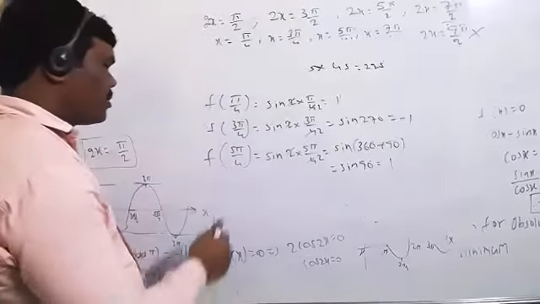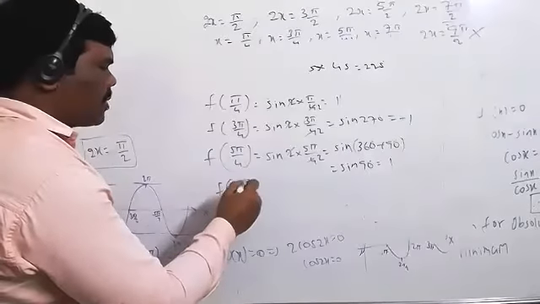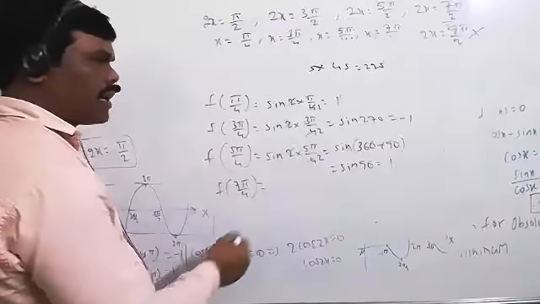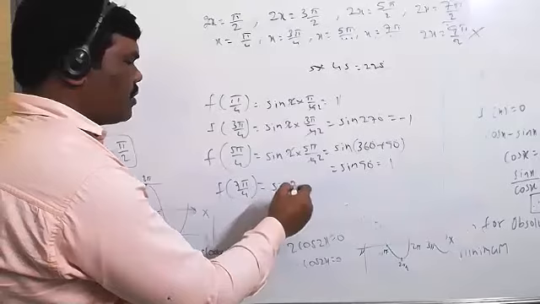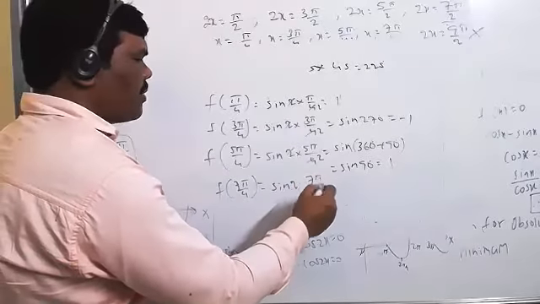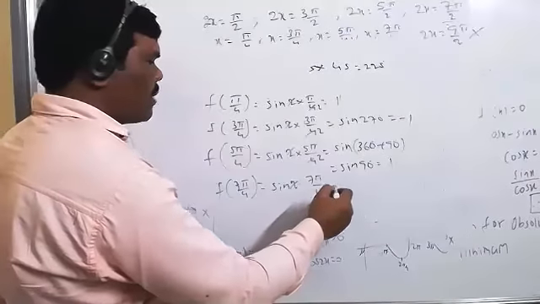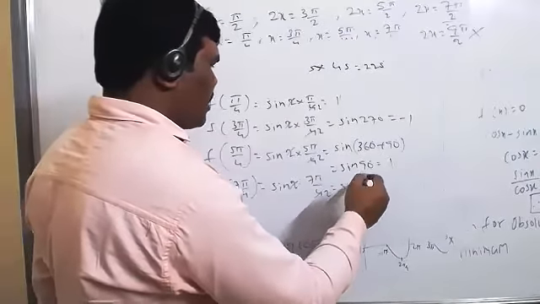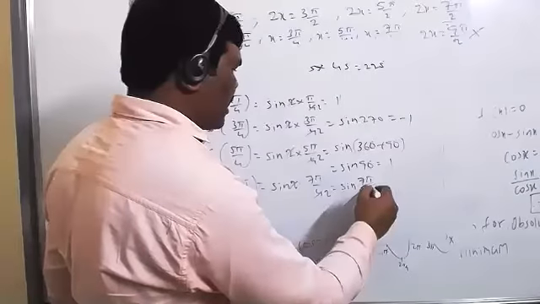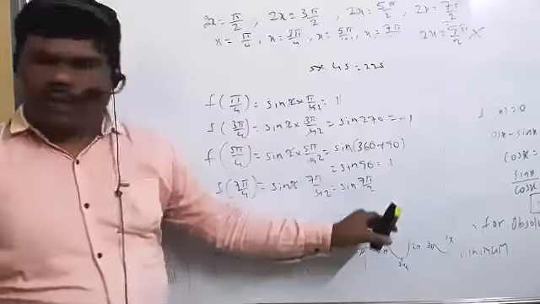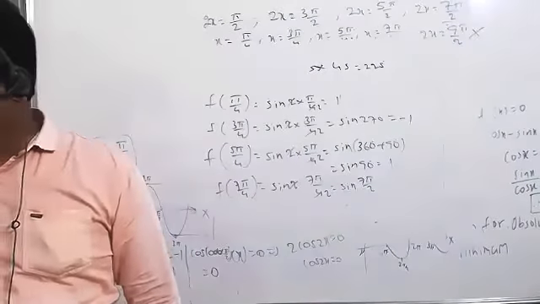Coming to the next value, f of 7 pi by 4 you can take. So sine of 2 into 7 pi by 4, 2 times only. You can write clearly that sine 7 pi by 2, when pi by 2 equal 90, 7 times 90 is 630.